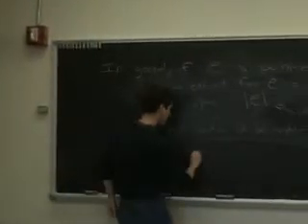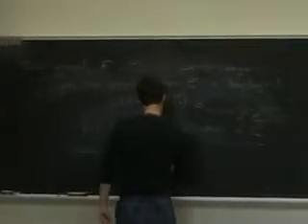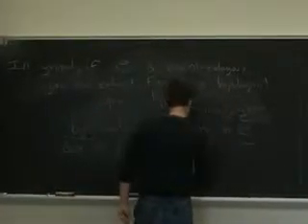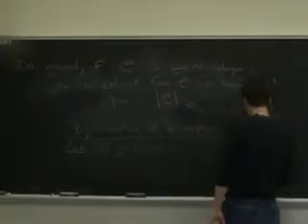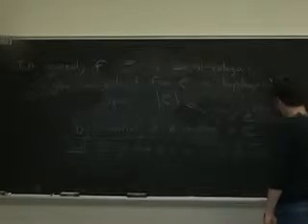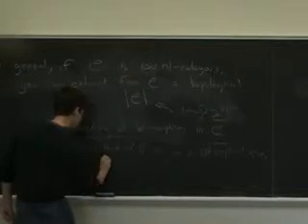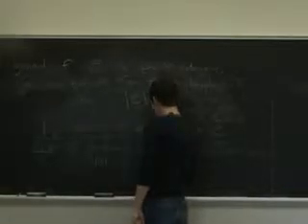So if you think about C in this way, as an n-fold simplicial space, then this classifying space is given by forming the geometric realization.